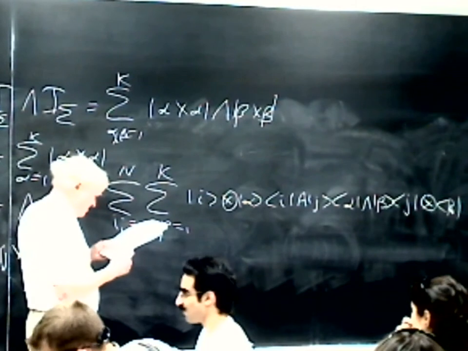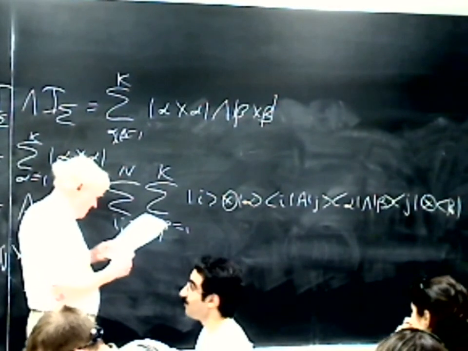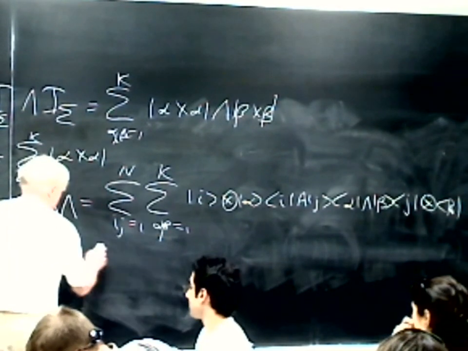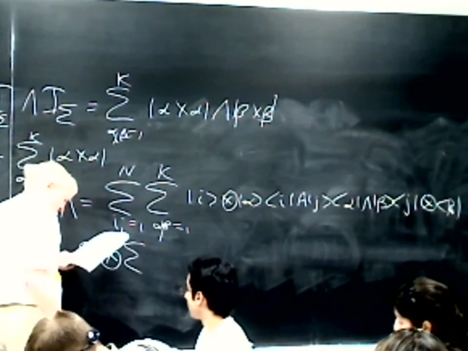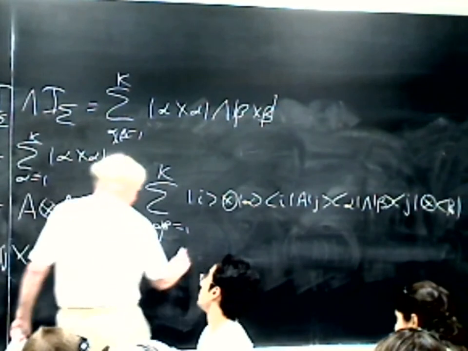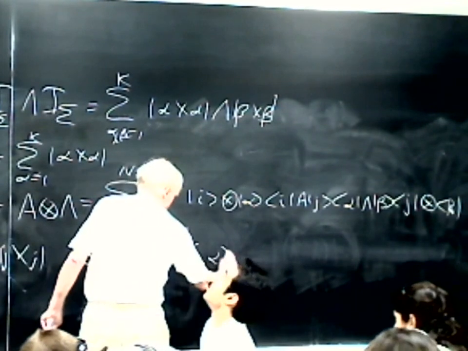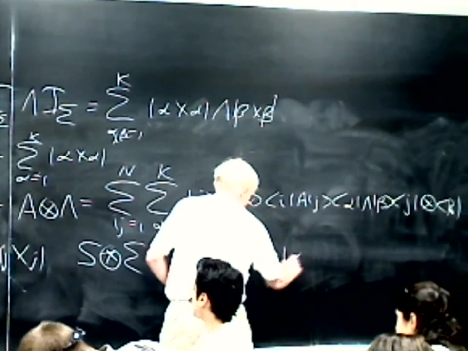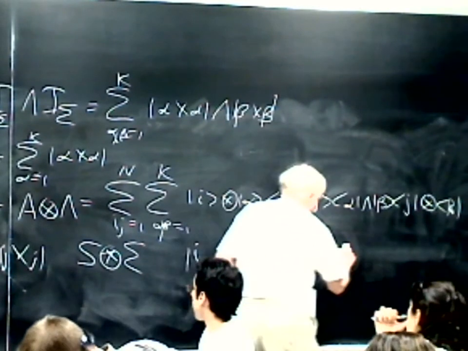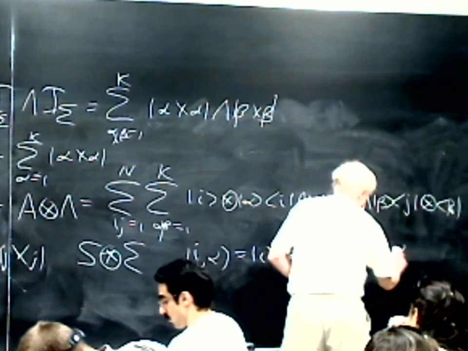All right, let me just say a little more of this. This direct product of the two spaces, S cross Σ, is a space that's spanned by these vectors, which we can write as |i, α⟩, or as |i⟩ direct product |α⟩.